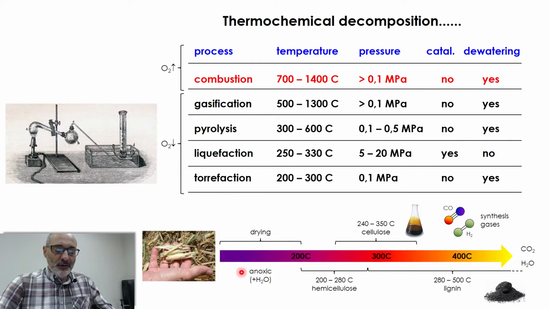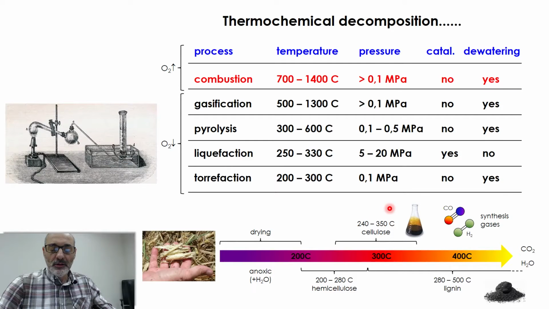You may have some water associated with the humidity here. So first you have drying. Water is going to evaporate, and around 200 degrees, you start to decompose. First is hemicellulose, then cellulose, then lignin.